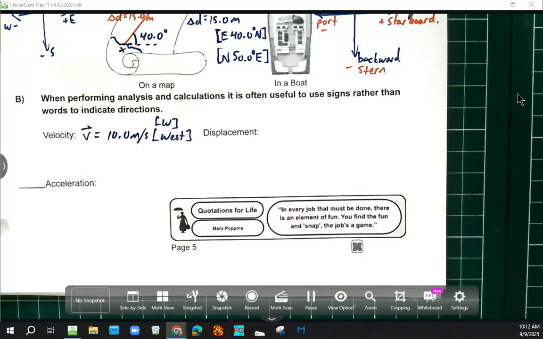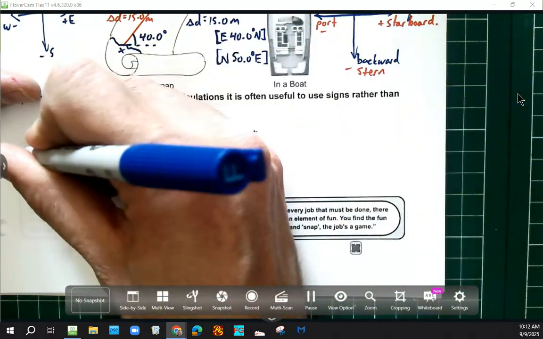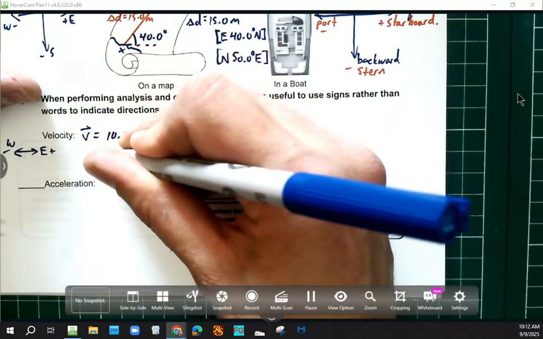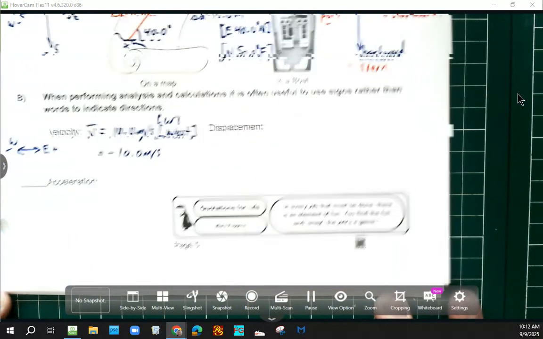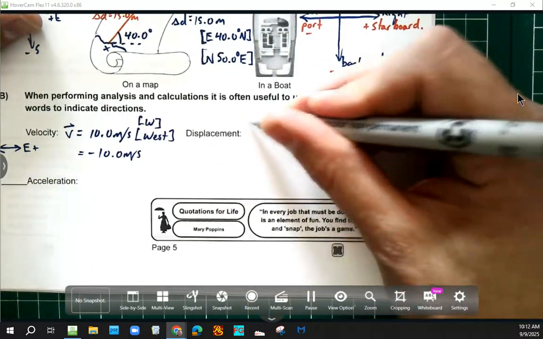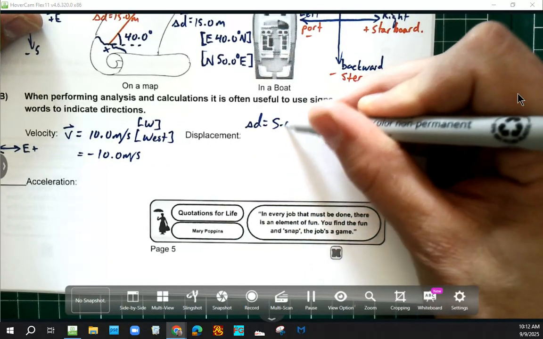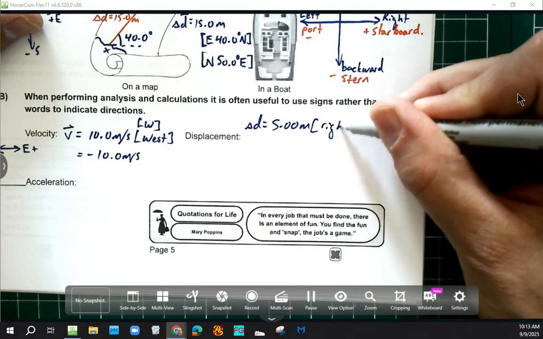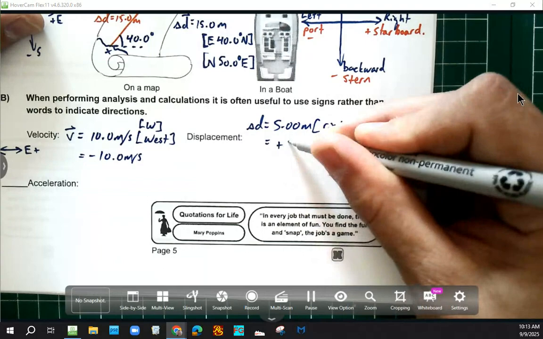If we make east positive and west negative, we might rewrite that as negative 10 meters per second. That's cool. Displacement, delta D equals 5.00 meters right. We saw that earlier on the page. And we could turn that into positive 5.00 meters.